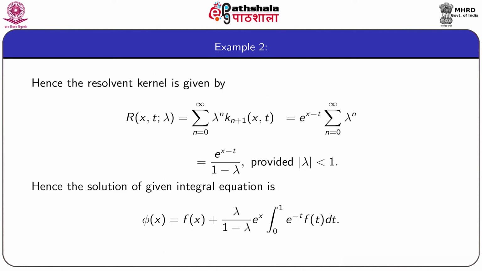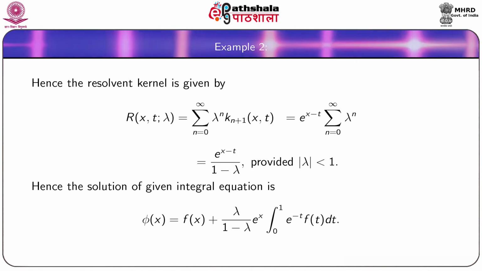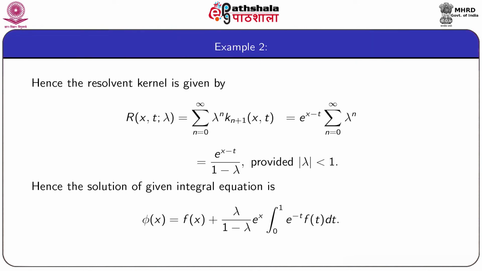So that the resolvent kernel capital R(x, t; lambda) is equal to summation n equal to 0 to infinity lambda to the power n K_{n+1}(x, t), equal to e to the power (x minus t) summation n equal to 0 to infinity lambda to the power n, and this summation converges to 1 by 1 minus lambda, provided mod lambda is less than 1, so that the resolvent kernel capital R is given by e to the power (x minus t) divided by 1 minus lambda.